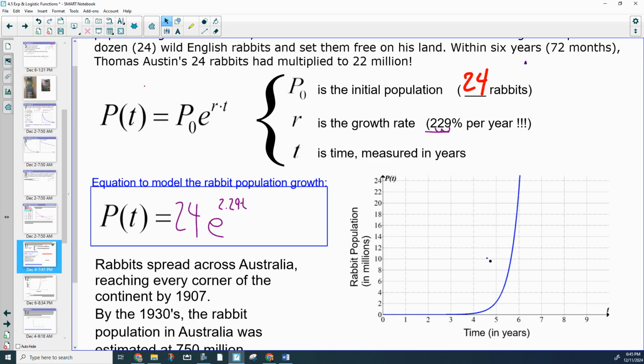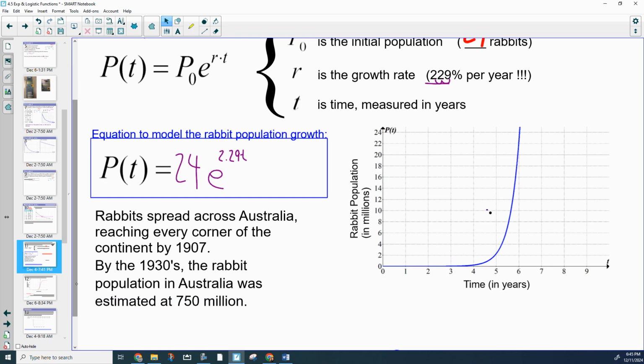Would this actually continue at that rate? Obviously not. At some point, the rabbits kind of have a maximum. That's where we get into the logistic equations, which are the ones that we have next. It does say by 1930s, the rabbit population in Australia had reached 750 million. I don't know what the population of Australia is, but it's probably more rabbits than people.